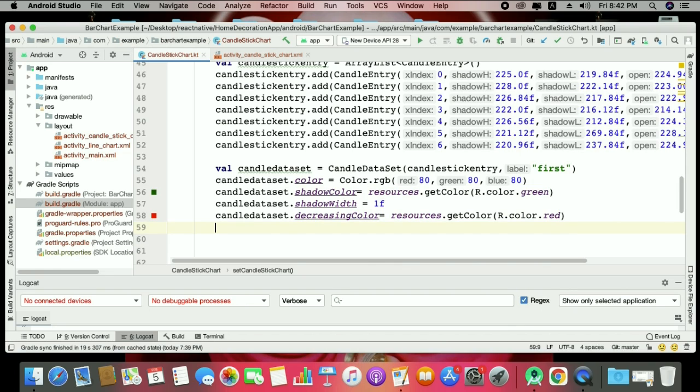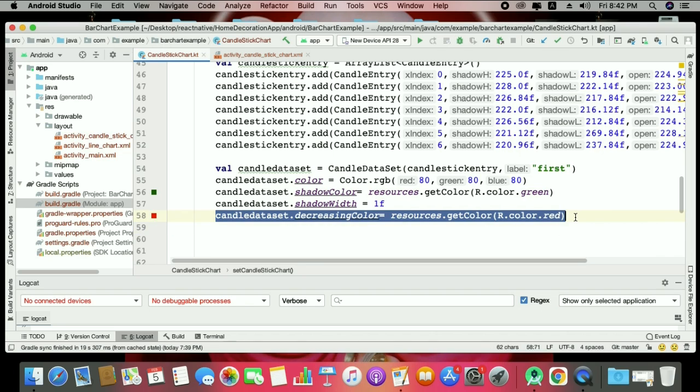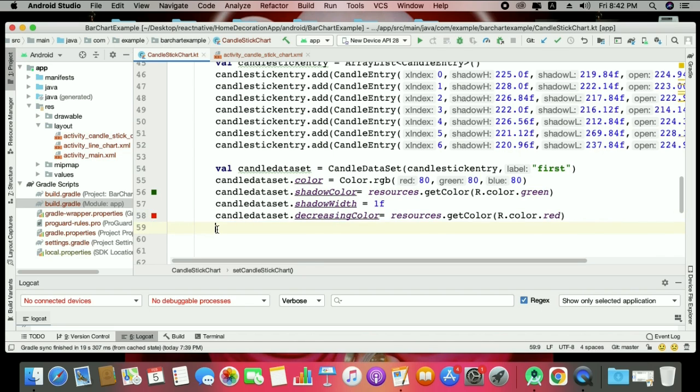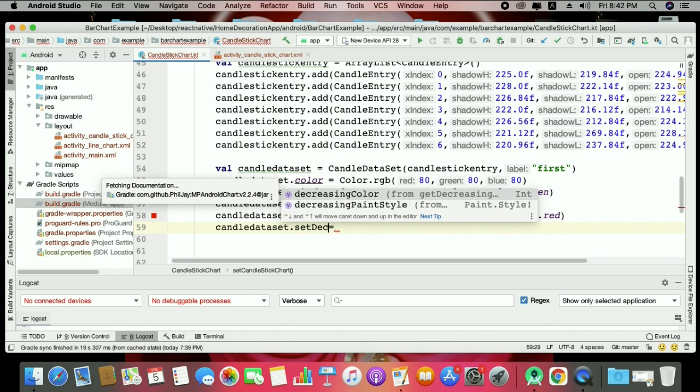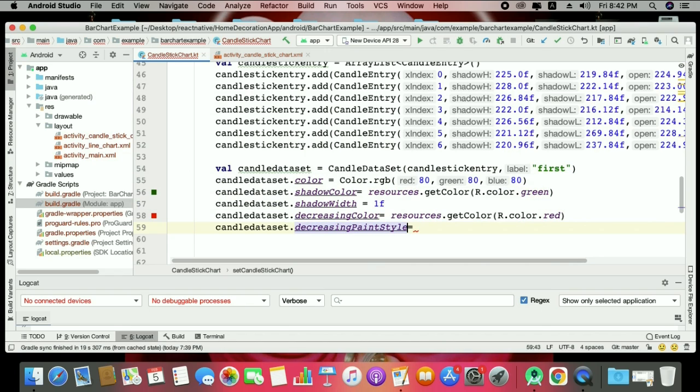Okay, and your decreasing paint style, that means we need a candle with a full paint, a filling paint. Because of our body we need a red color body, so you can use set decreasing paint style.